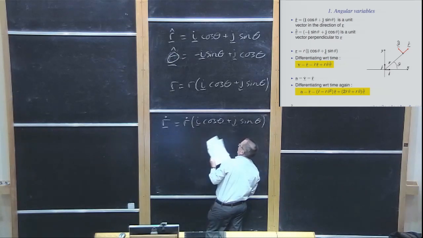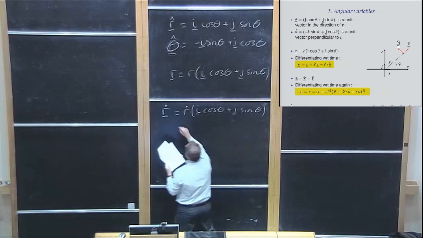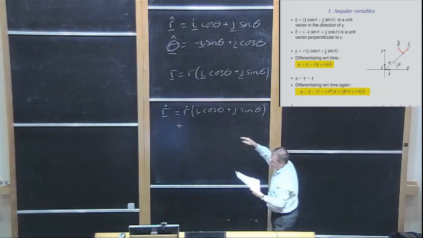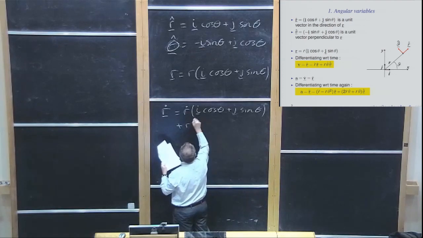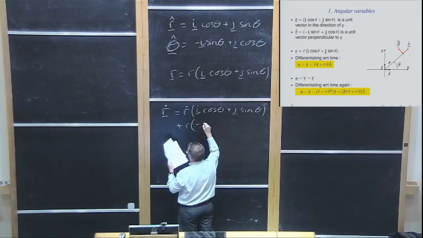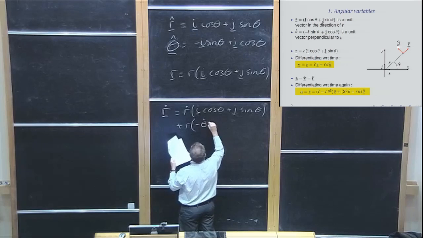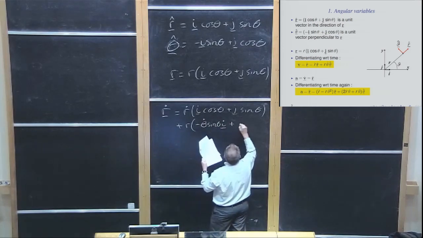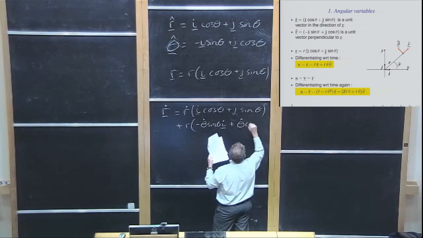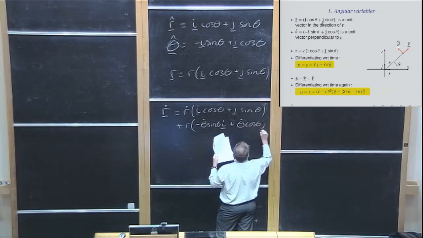But then we have to also account for the variation in time of theta, and so this is going to give us a r times minus theta dot sine theta i plus theta dot cosine theta j. Okay.